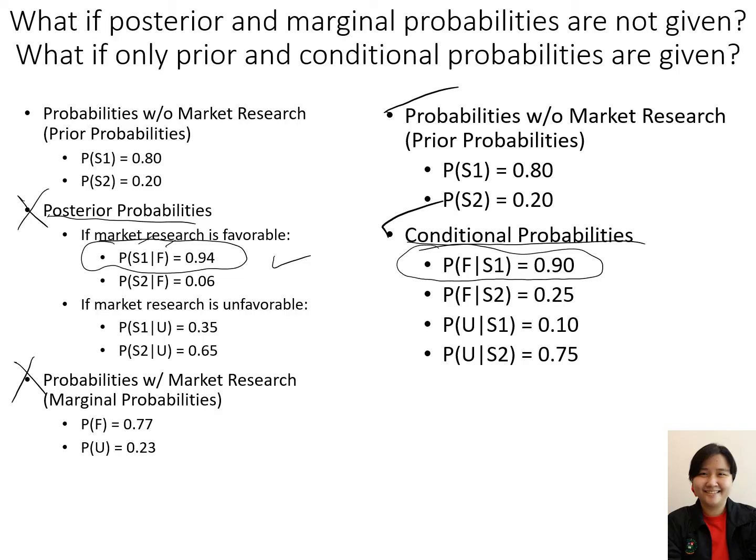However, the conditional probabilities are read as the probability of having a favorable research given S1. If this happens, we have to convert the conditional probabilities and change them to posterior probabilities because we cannot perform decision analysis using sample information without having the posterior and marginal probabilities.